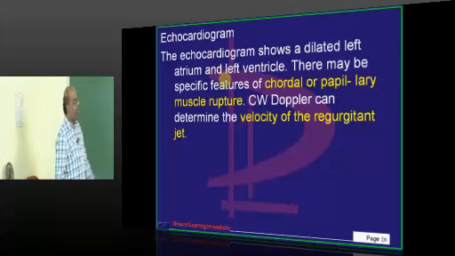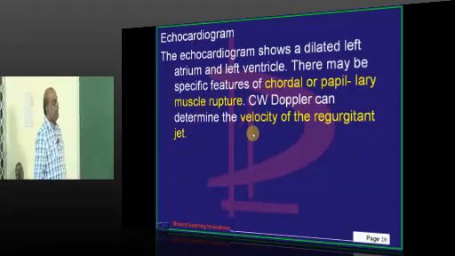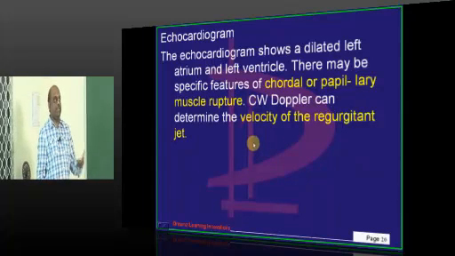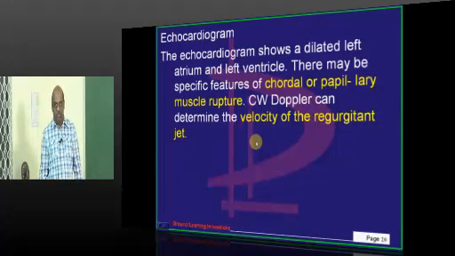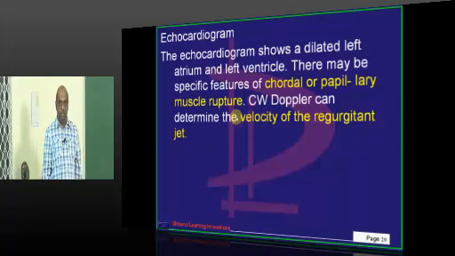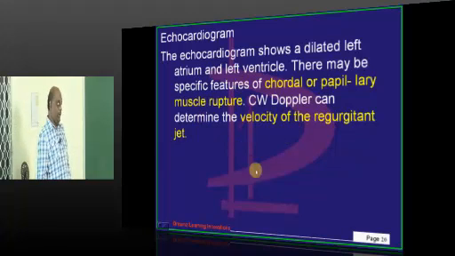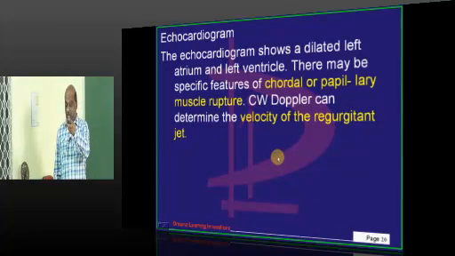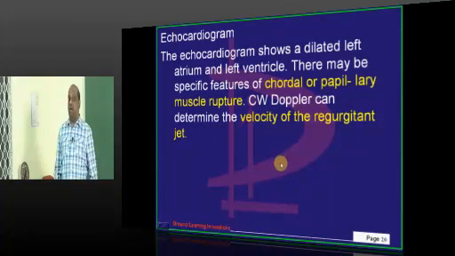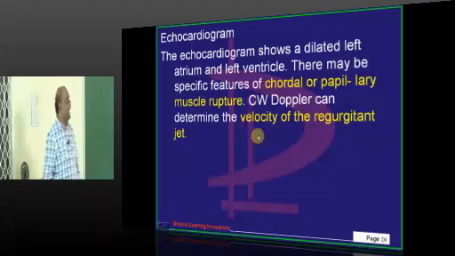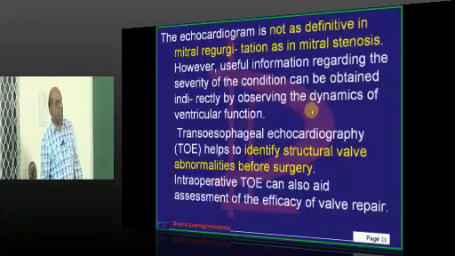Now you have done a 2D echo. Then what will you find, doctor? You can discover what is the cause of MR. Is it due to papillary muscle rupture? And you can also quantitate how severe the MR is by calculating the velocity of the regurgitant jet.